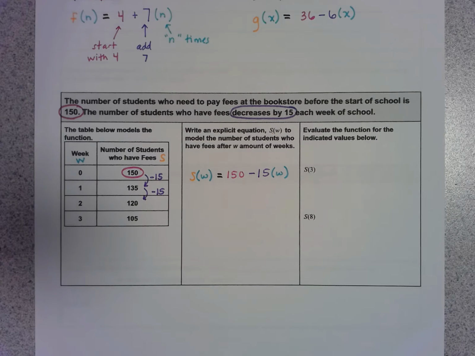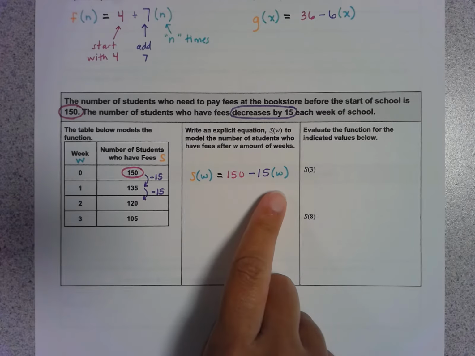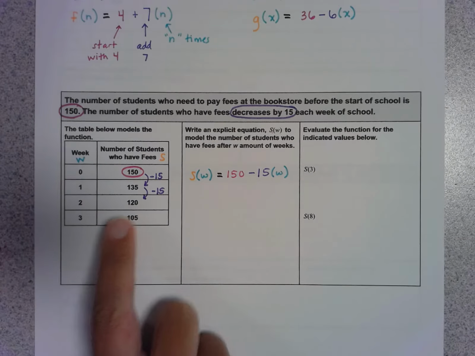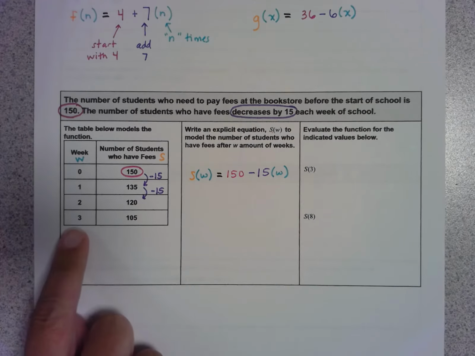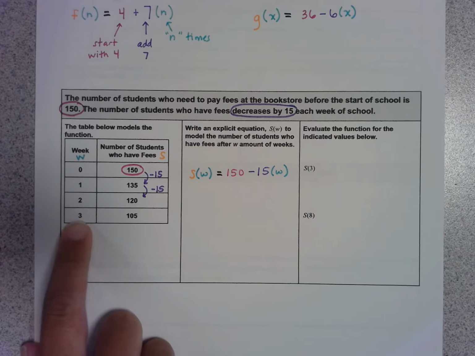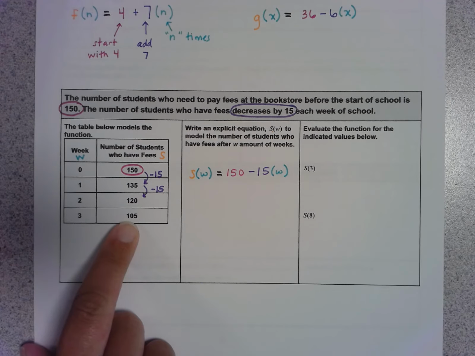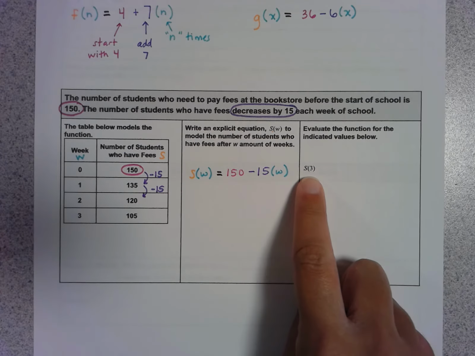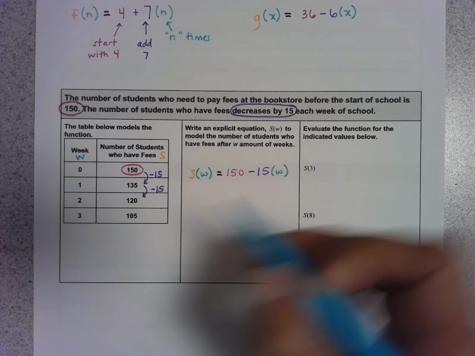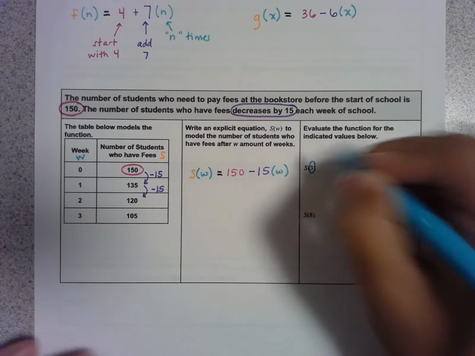Here's where it's really helpful to evaluate this equation. It can actually let us check our answer. So we're pretty sure this equation makes sense for this table, but one way to check that is to try plugging in one of these numbers and seeing if you get the matching output. For example, if I said find S of 3, what that means is replace the W with a 3.